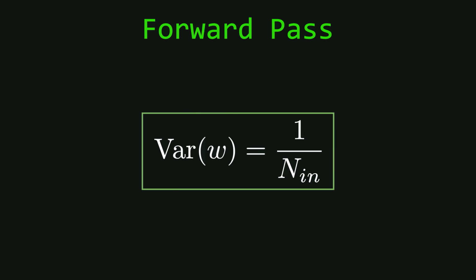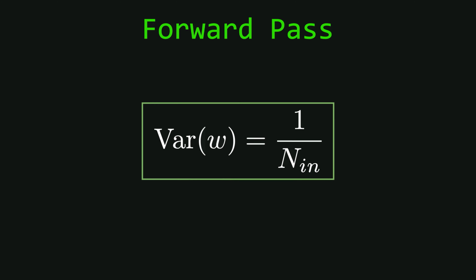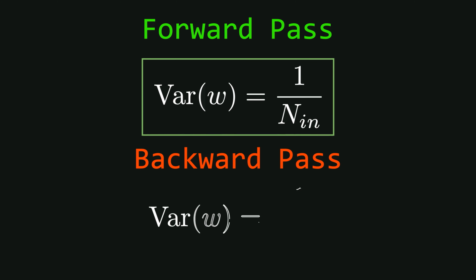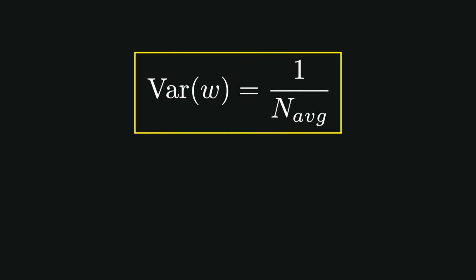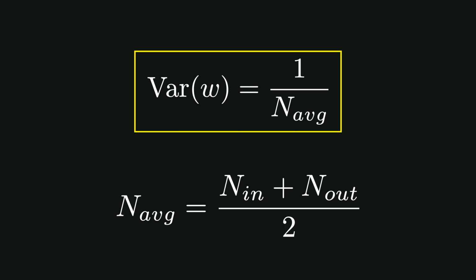This happens during the forward pass, and something similar can be done during backpropagation, where the gradients flow backward, and their variance depends on how many outputs the neuron has. Everything remains the same. Now, in a Xavier initialization, we take the average of these values.